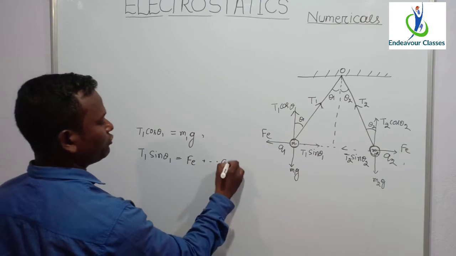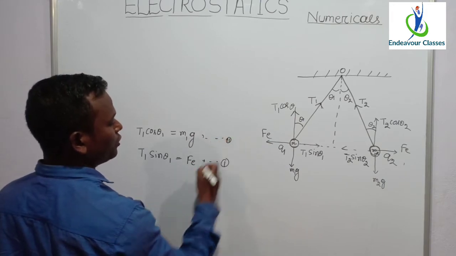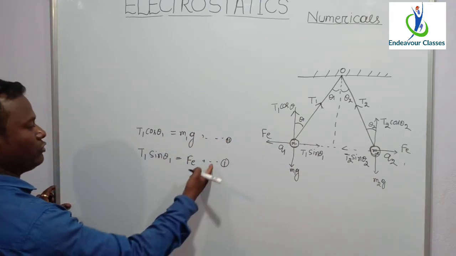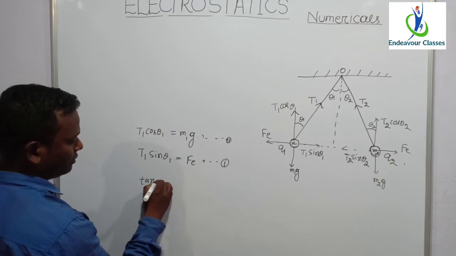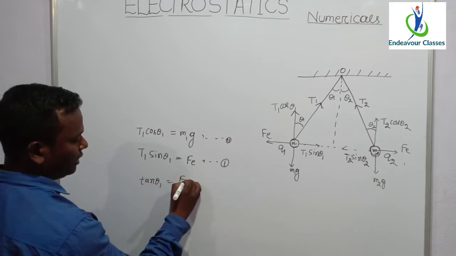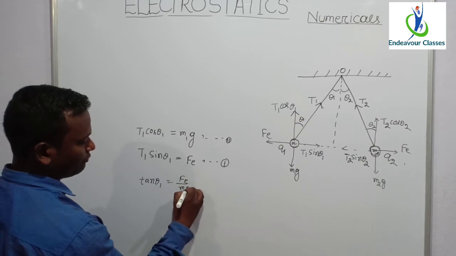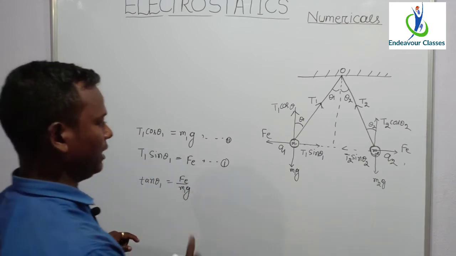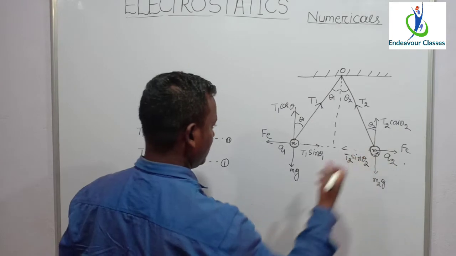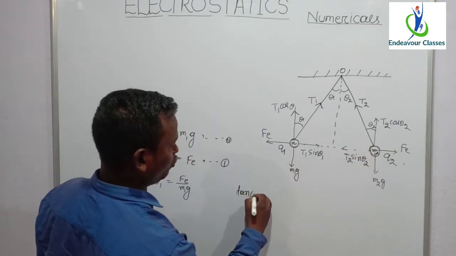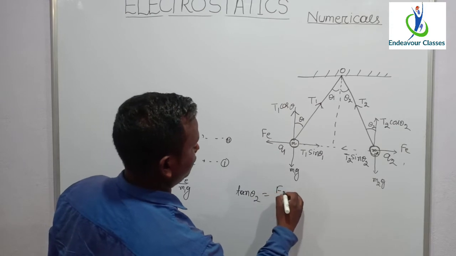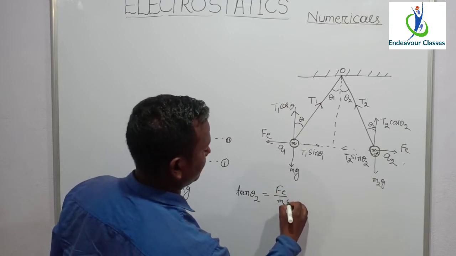If this is equation 1 and this is equation 2, dividing equation 1 by 2 we get tan θ1 equal to Fe by m1g. Similarly, from the mass m2 we get tan θ2 equal to Fe by m2g.